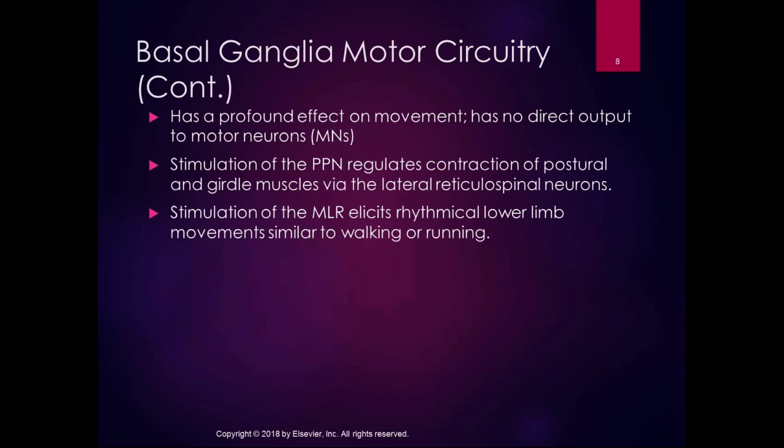Stimulation of the MLR elicits rhythmical lower limb movement similar to walking or running. So part of our movement patterning, our posture and standing, have to do with basal ganglia circuits. You can see why walking and posture are affected when you have basal ganglia dysfunction.